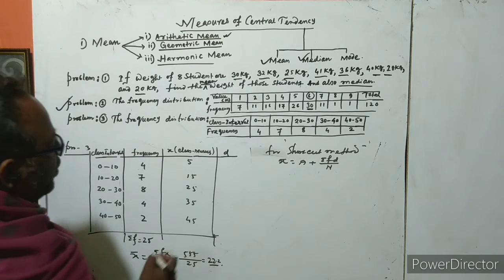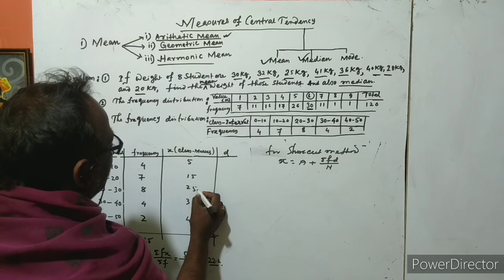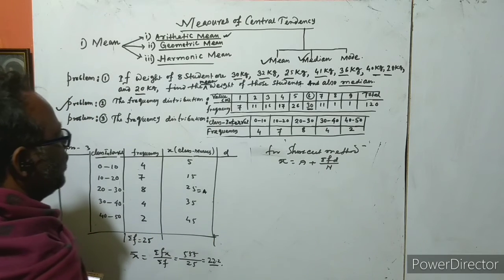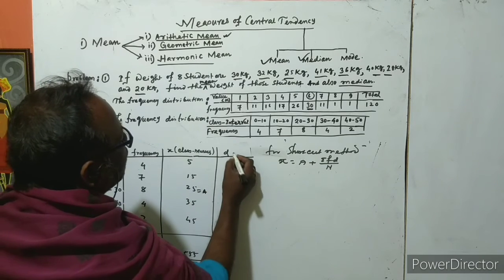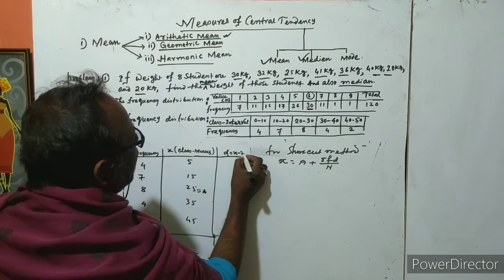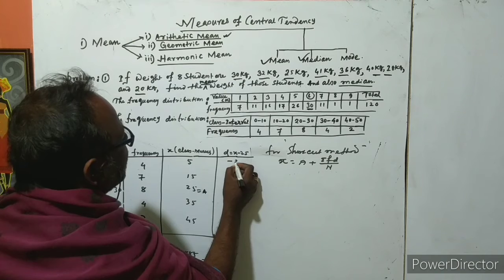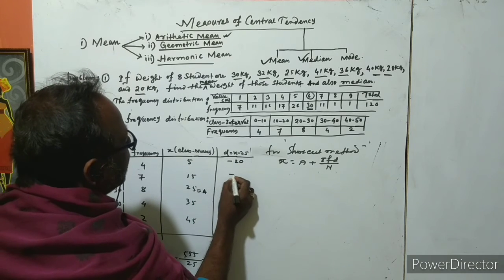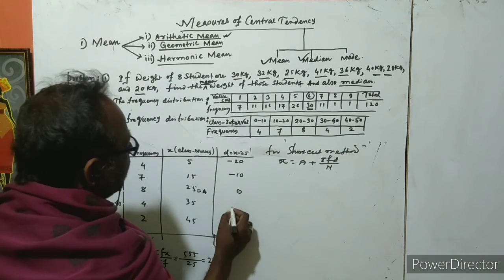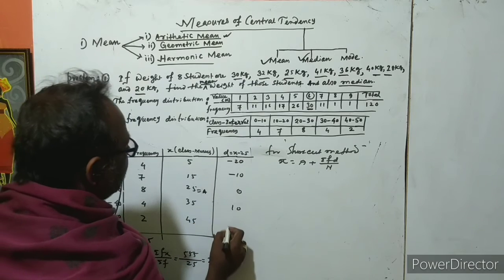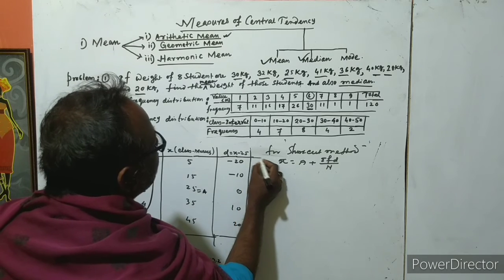We can assume a mid value. See, here mid values are 25 and 35. We can assume either; I am using a like 25 here. D is equal to x minus 25, and 5 minus 25 is minus 20. 15 minus 25 is minus 10. Okay, 25 minus 25 is 0. 35 minus 25 is 10 here, and 45 minus 25 is 20. So this is your d, and now find fd.